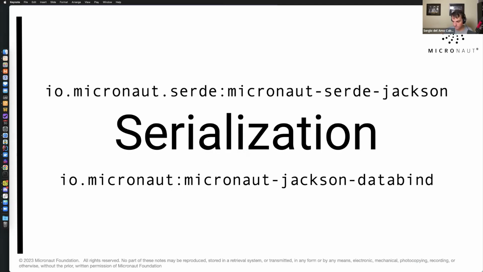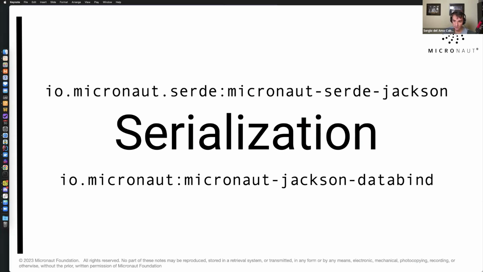Serialization. I think we released Micronaut serialization in Micronaut 3.3, if my memory is good. And we released 3.9.4 last week. So it has been several minor releases since we added Micronaut serialization. In Micronaut 3, by default, your application had a transitive dependency on Micronaut Jackson Databind.